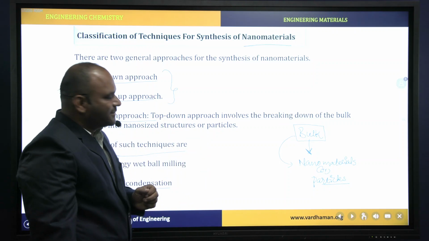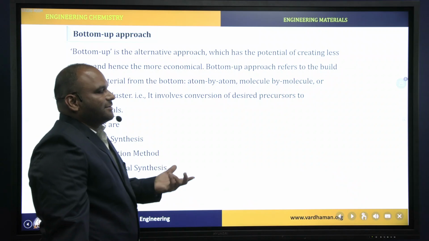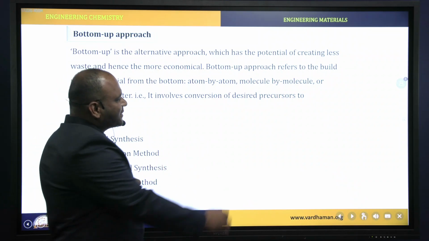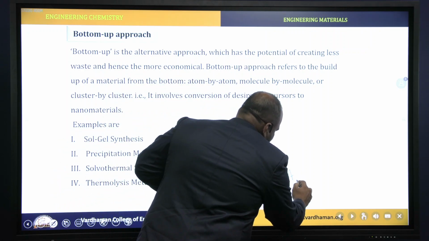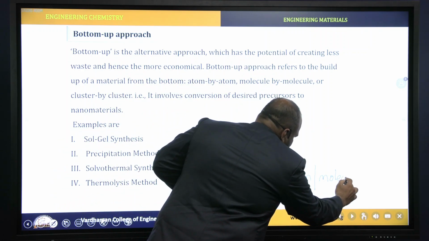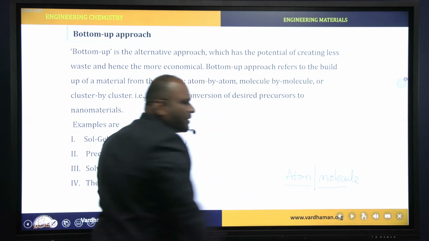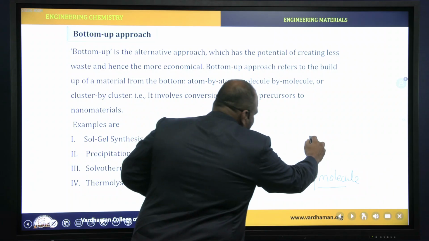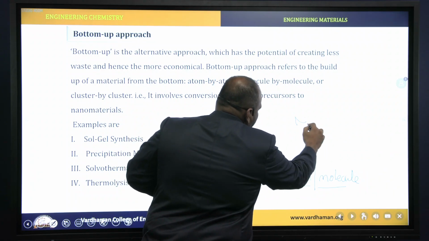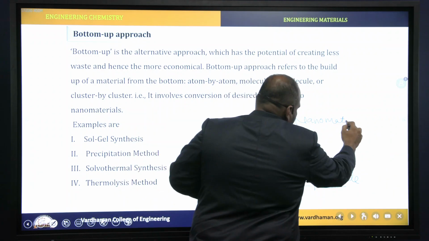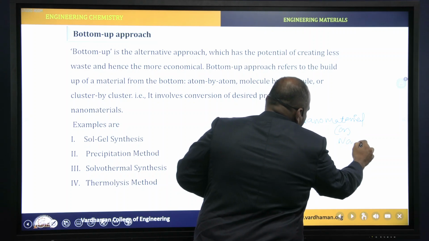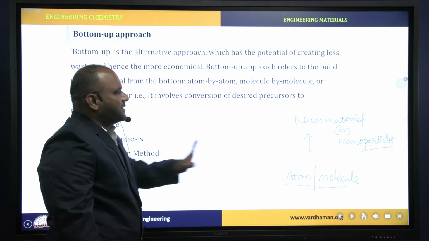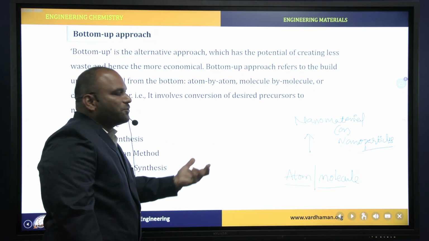Next, the bottom-up approach. This is the reverse of the top-down method. In this method, atoms combine with atoms or molecules combine with molecules, or atoms or molecules combine with each other, and are converted into nanomaterials or nanoparticles. Here, small particles are converted into nanomaterials.